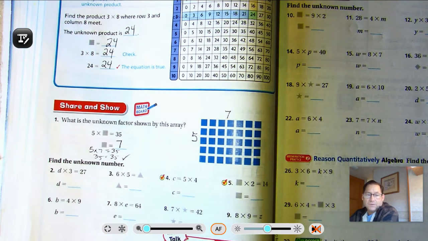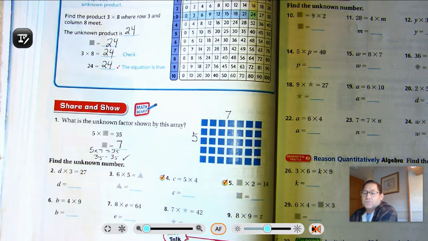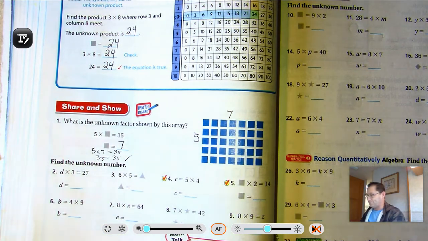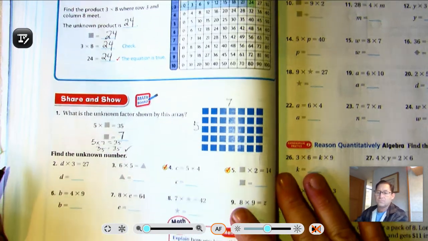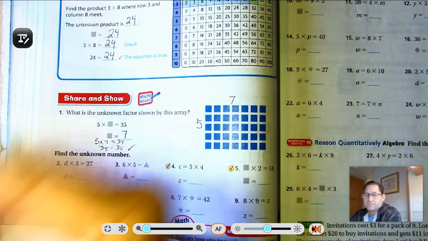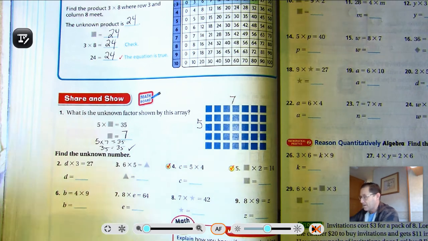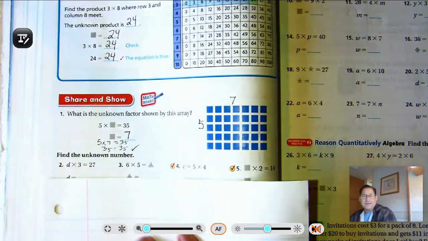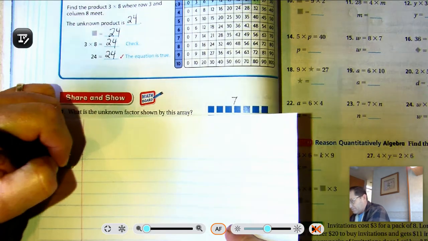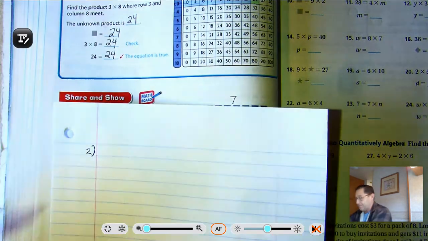Find the unknown number d times 3 equals 27. Okay, well, ideally, we would know our 3 times tables, and we'd be able to just know what that missing number is. But let's practice the arrays. So number 2, I'm going to use scratch paper for this.